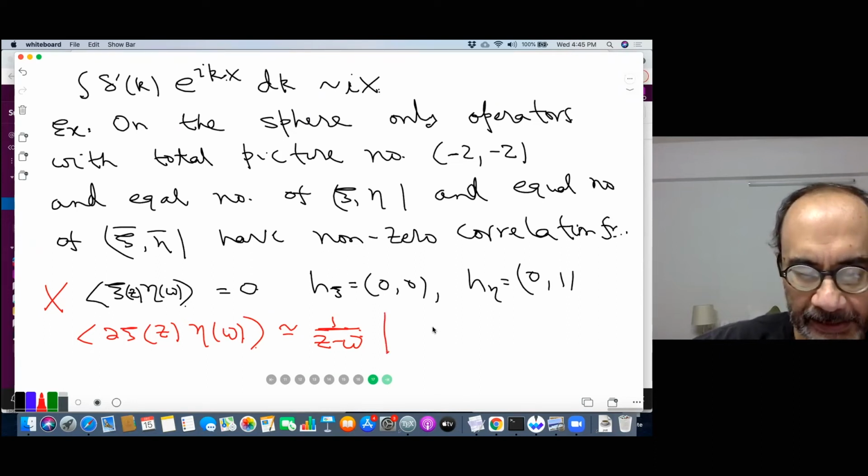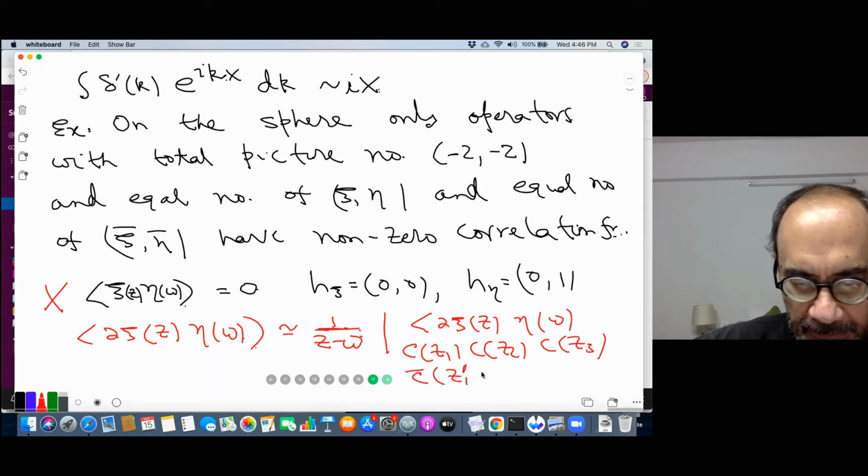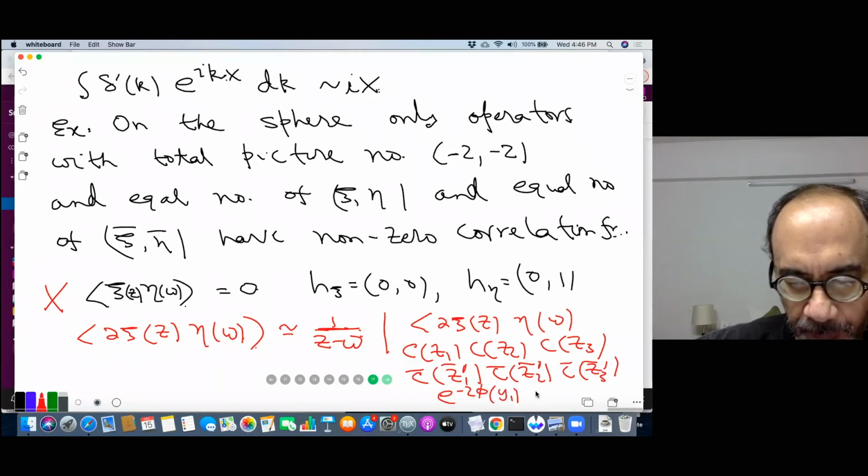So for example, this object del xi of z eta of w, and then you put c of z1, c of z2, c of z3, and then c bar of z1 prime bar, c bar of z2 prime bar, c bar of z3 prime bar, and then you have to also supply the picture numbers e to the minus 2 phi of y1, e to the minus 2 phi of y1 prime bar.